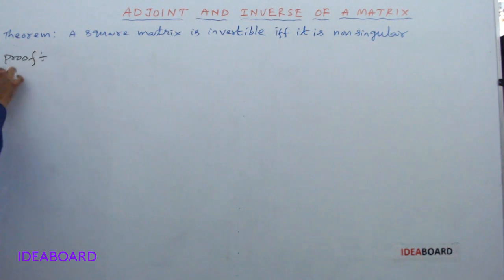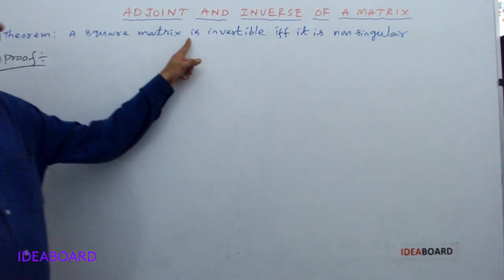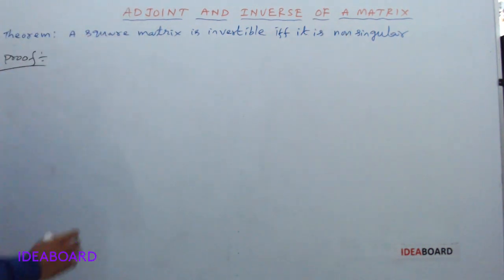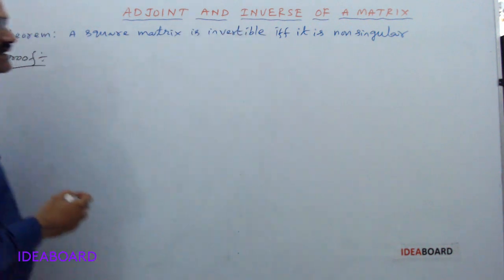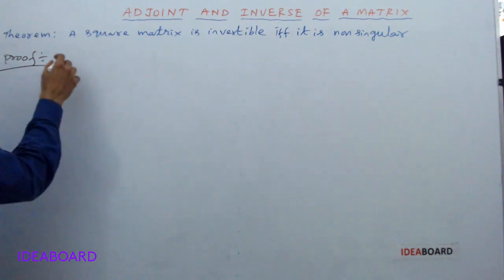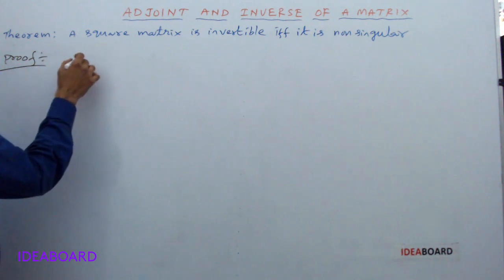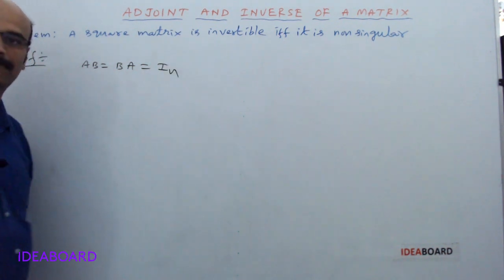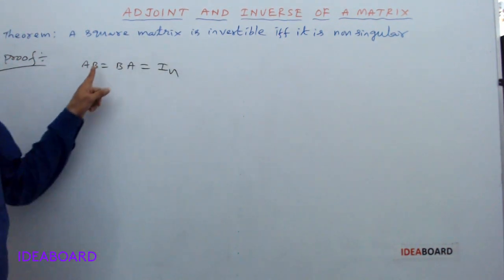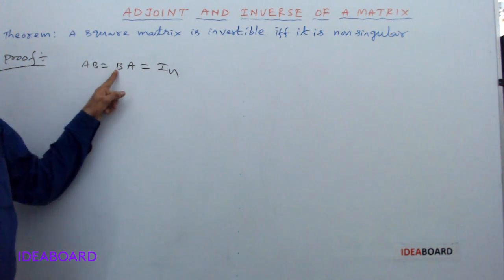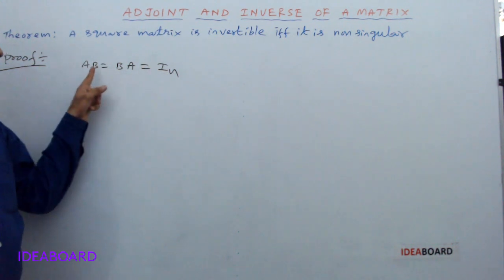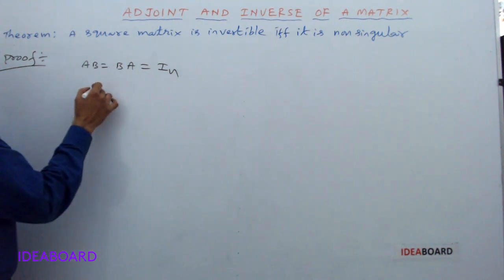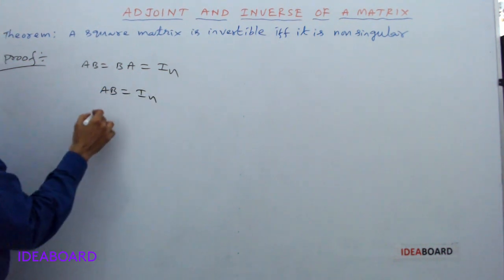Proof: first, let the square matrix be invertible. That means AB equal to BA equal to In. Whenever you have AB equal to BA equal to In, then B is said to be the inverse of A.